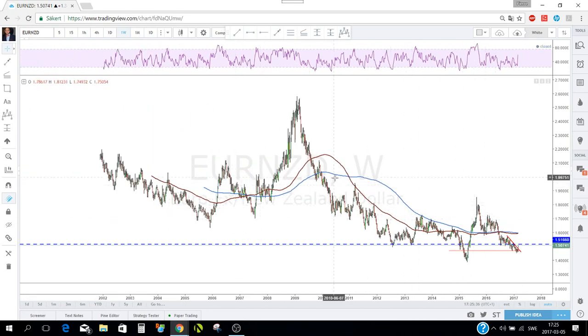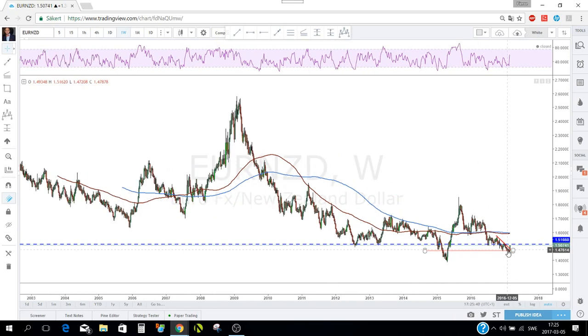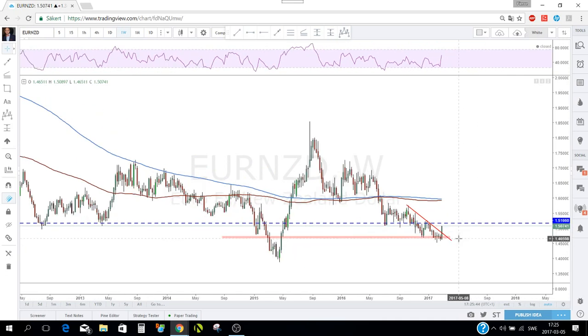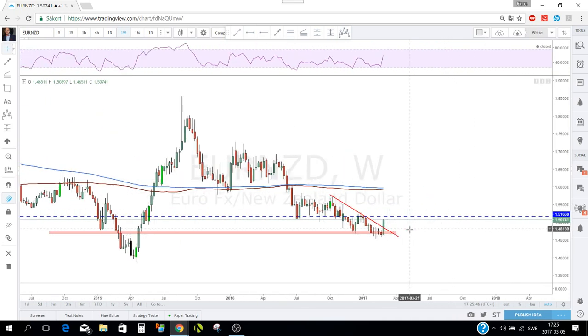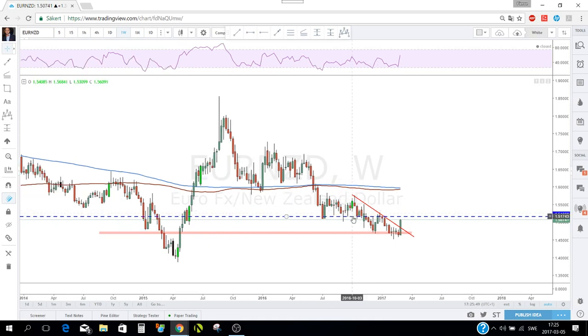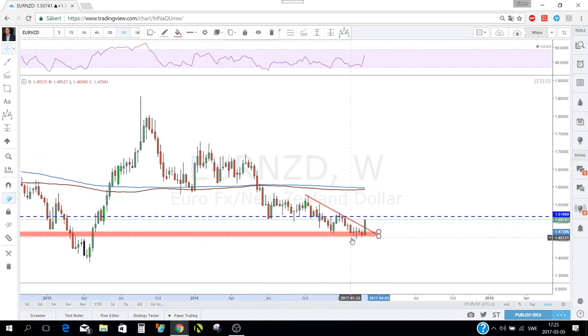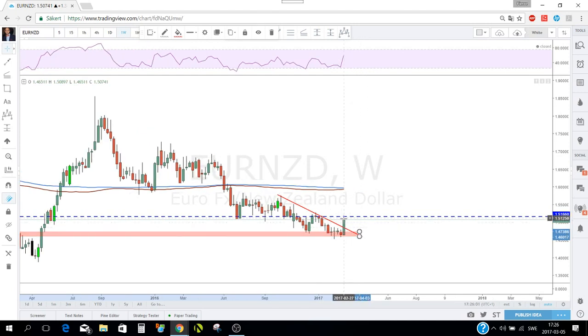As you see here, it's a very low level, so this one we should only be looking for long from here, even though the trend is very strong to the downside. But we have a cheap price back down here, and we had this rejection at this level, and this is a really strong weekly bar we've got there.